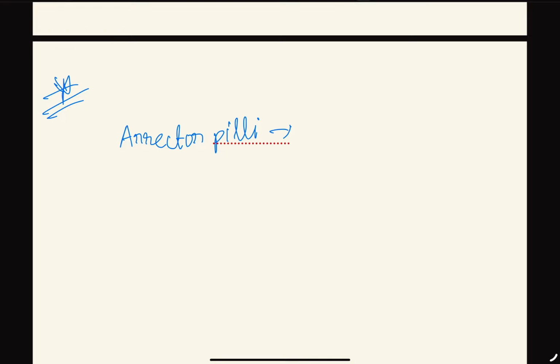It contracts so that you get goosebumps, your skin hairs straighten up. So which receptor should be in the erector pili muscle? Obviously alpha 1 receptor. It is the stimulatory receptor, right?